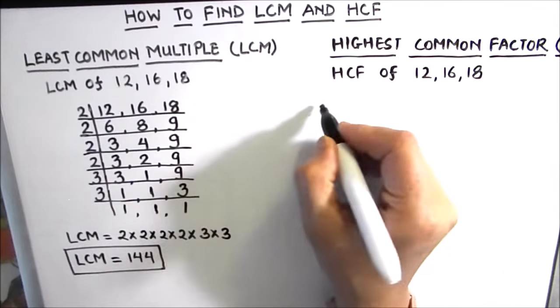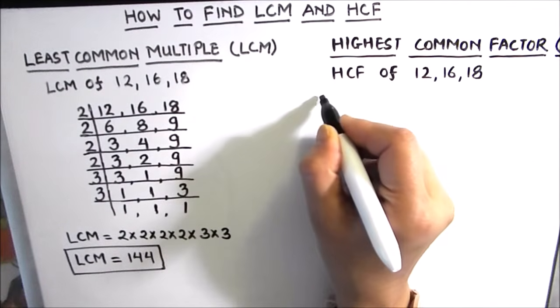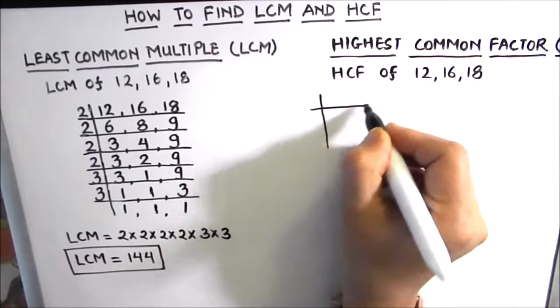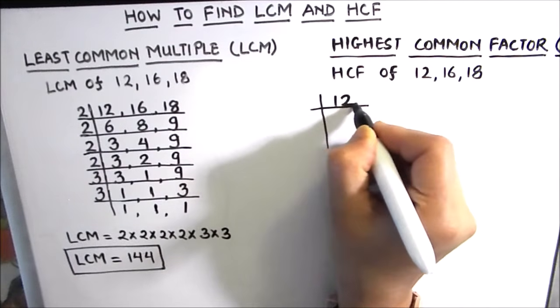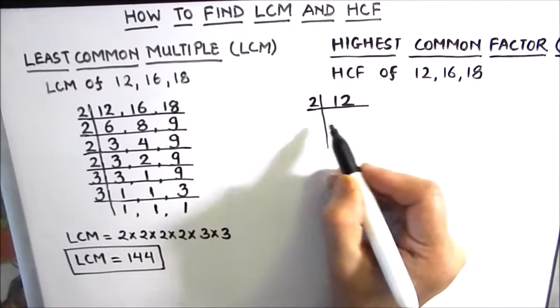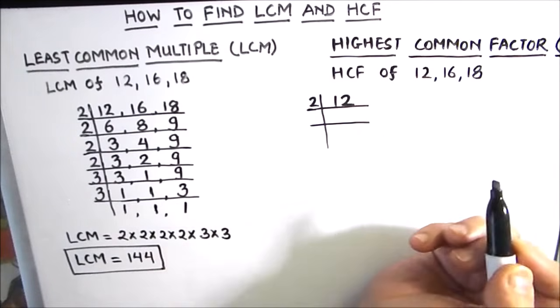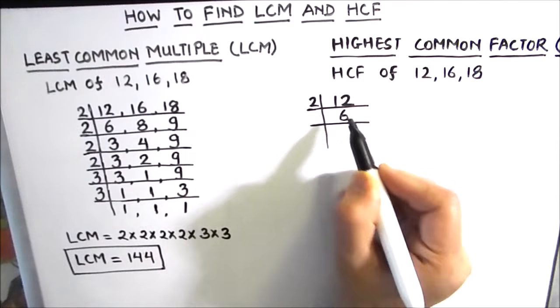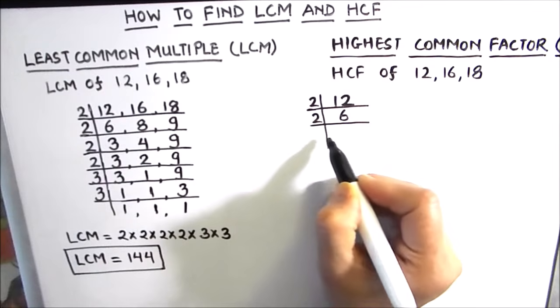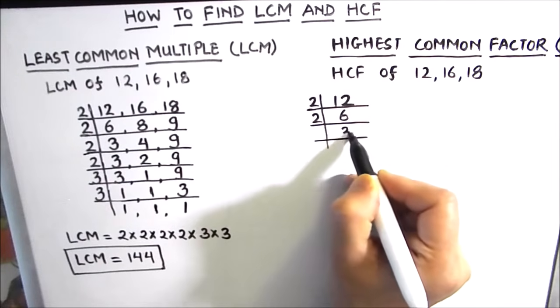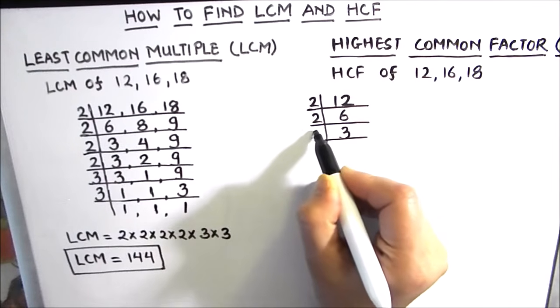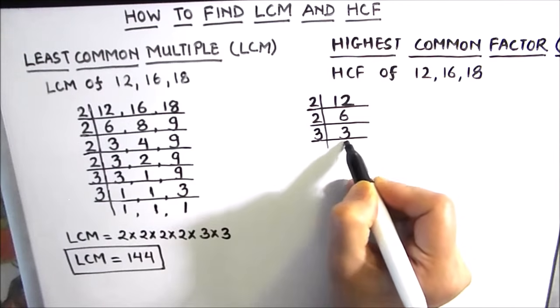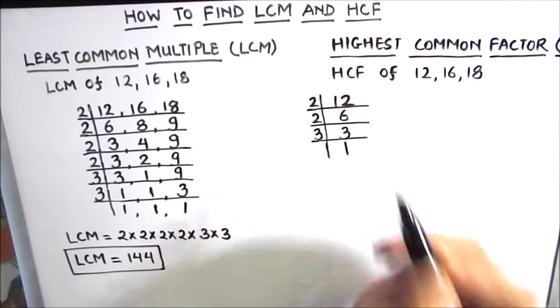For finding the HCF of the three numbers, we are going to first find the factors of all the numbers separately. So first we will find the factors of 12 using the prime factorization method. 2 times 6 is 12. 6 is divisible by 2. 2 times 3 is 6 and 3 is a prime number, so it is only divisible by number 3. So 3 times 1 is 3.